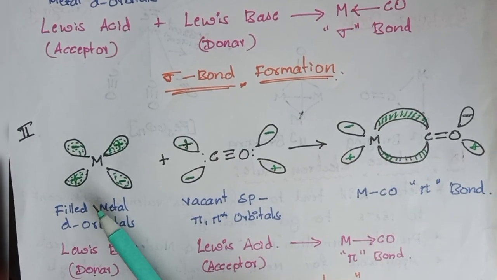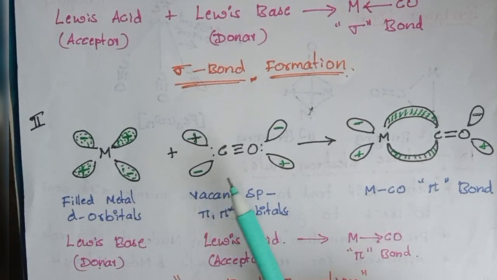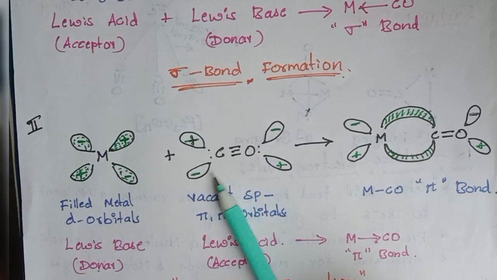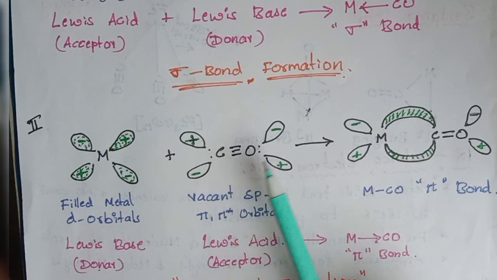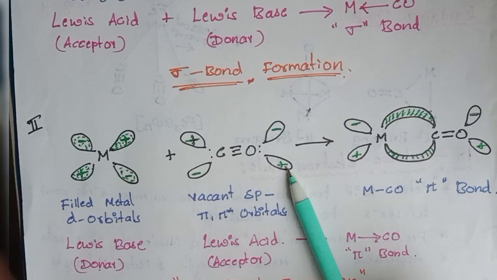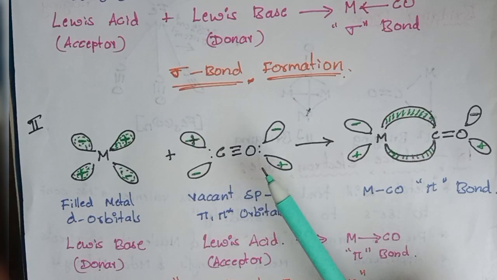The ligand should have a vacant pi star orbital. As we have seen in the MO diagram of CO, it has vacant pi star orbitals, so it can accept the electrons.